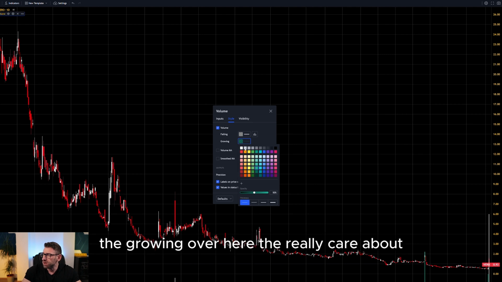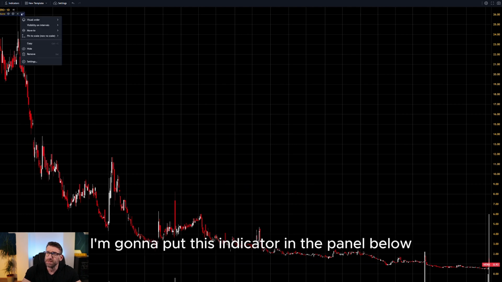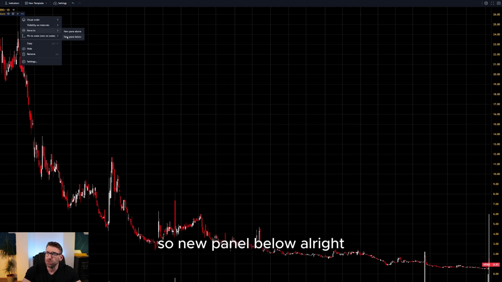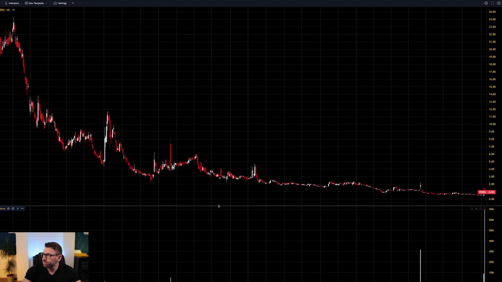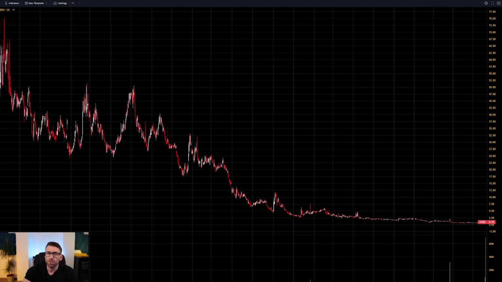The growing ones, they really care about the difference of the color. And then I'm going to put this indicator in the panel below, so a new panel below, all right? Over here, we can see that in all this zone, this is 2021, we had almost no volume.